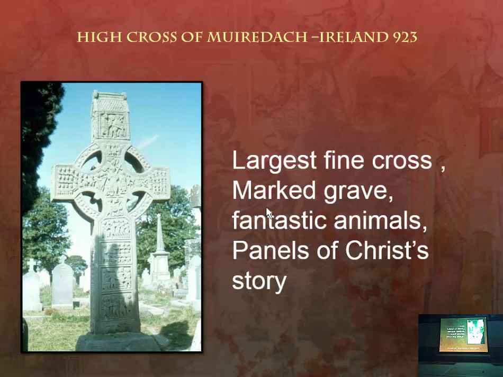Everything from before this time has been pretty small in the West, carrying the traditions of the luxury goods of the pre-Christian communities. But here we have one of the largest surviving crosses of the Middle Ages, about 12 or 15 feet tall, from Ireland. It's the High Cross of Muiredach. It's a Gaelic word. And on it are panels of Christ's story from the Gospels.